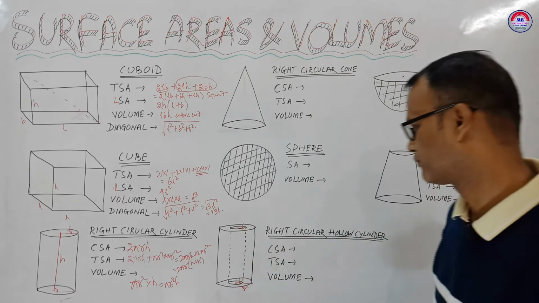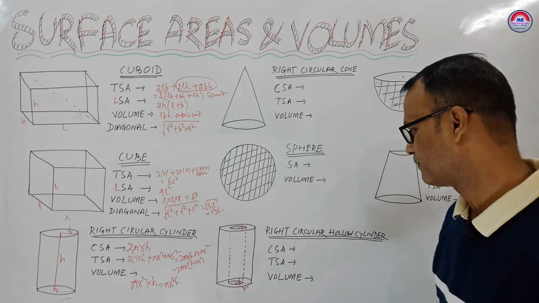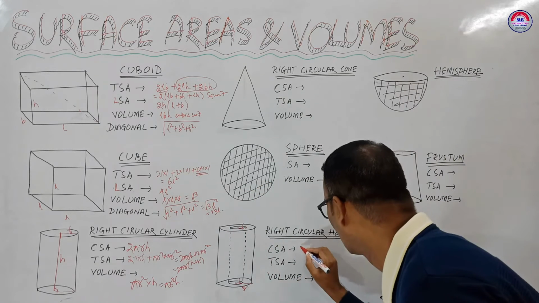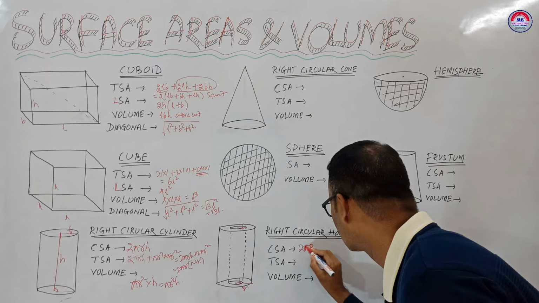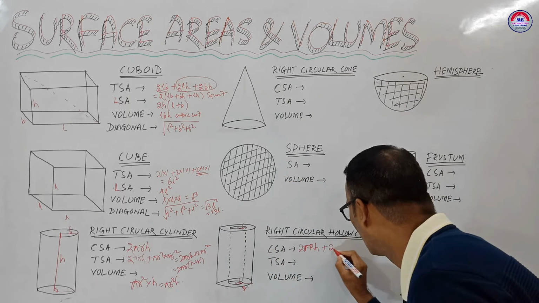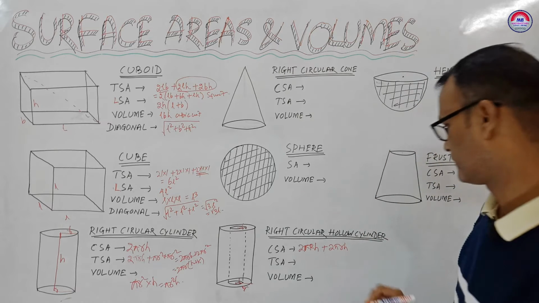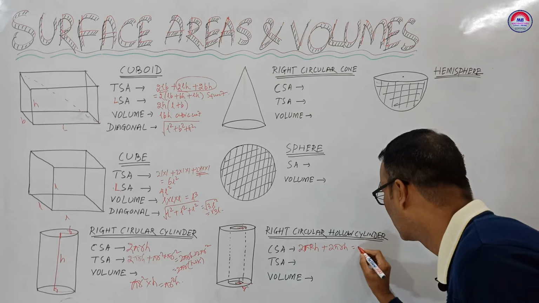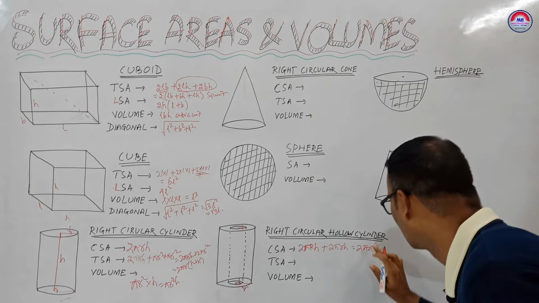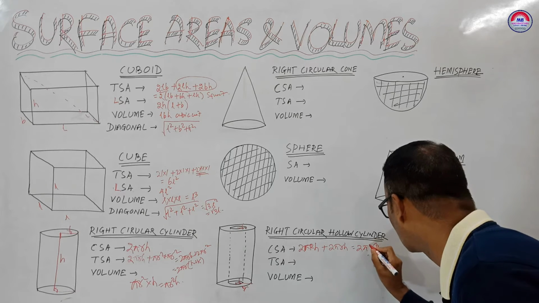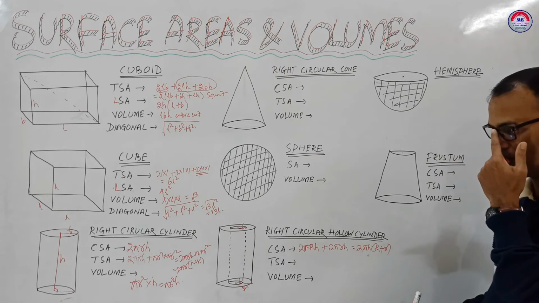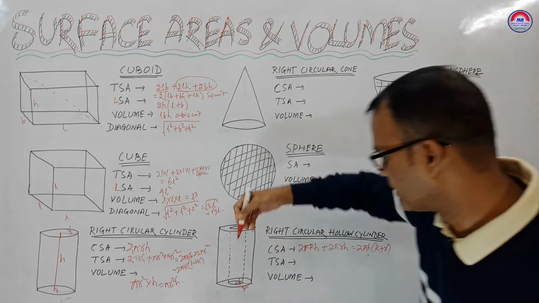Outside capital R, inside small r. So the outside area is 2 pi capital R h plus the inside area 2 pi small r h. So here you can take 2 pi h common, capital R plus small r. This is the curved surface area.